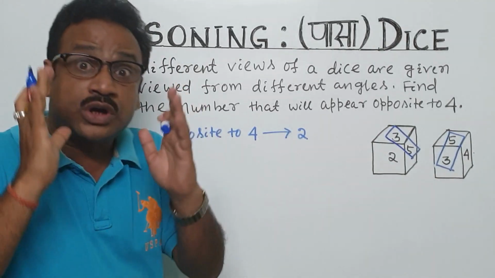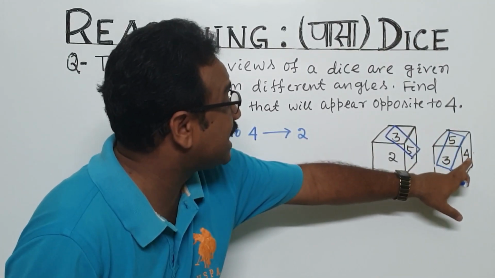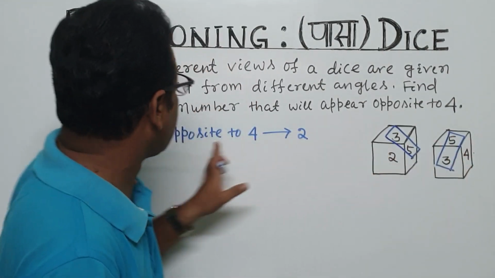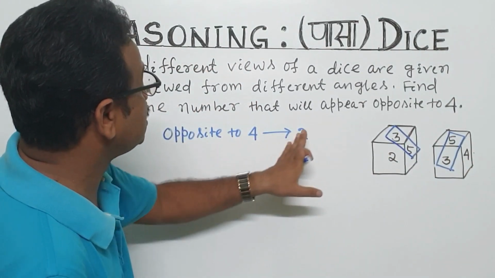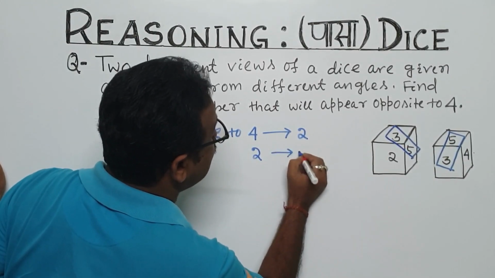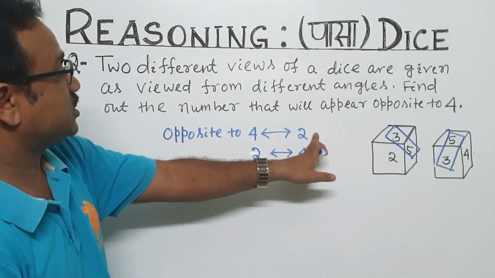When two numbers are common, we cancel these two. Then the number left on one face will be opposite to the number on the other face. So opposite to 4 is 2, and opposite to 2 is also 4.